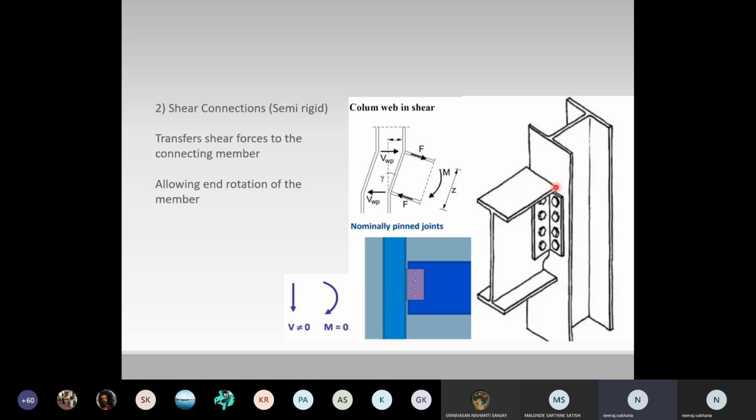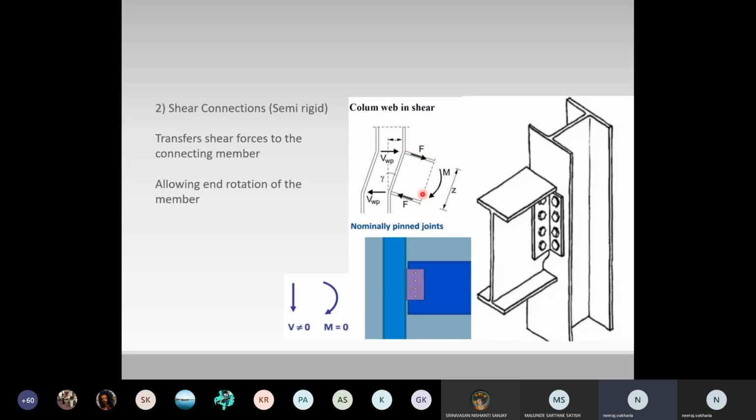If you see in this I section, the flanges are not connected, due to which, if you picture in your mind the typical column beam connection in any material, there is going to be moment at the junction. So by connecting only the web, this moment may act upon this member.